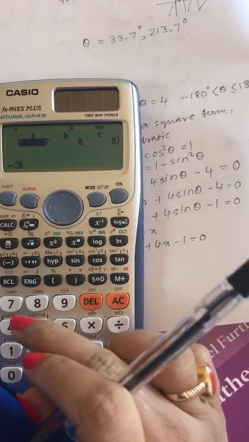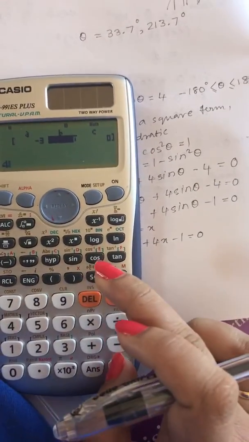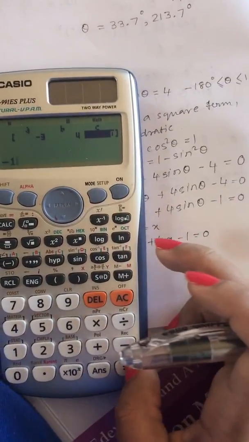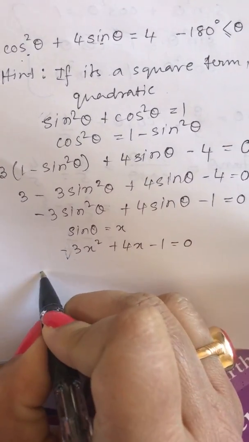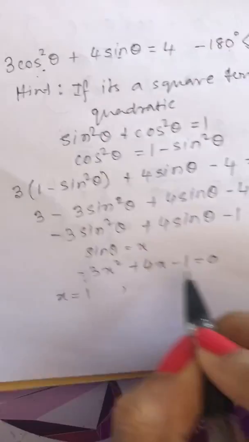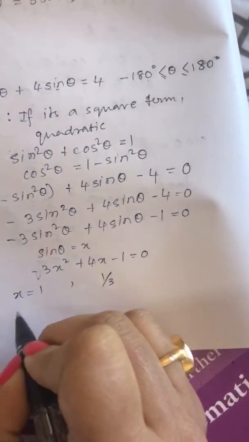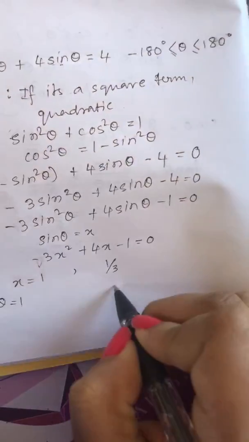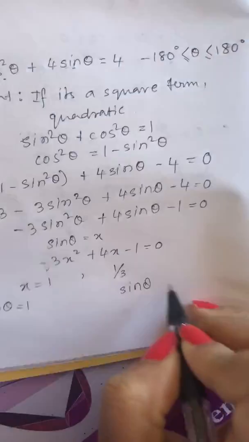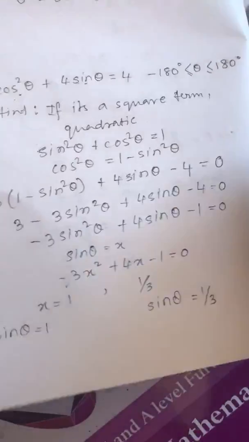That gives me 1 and a third. So 1 and a third, which means sine theta is 1 and sine theta is a third.